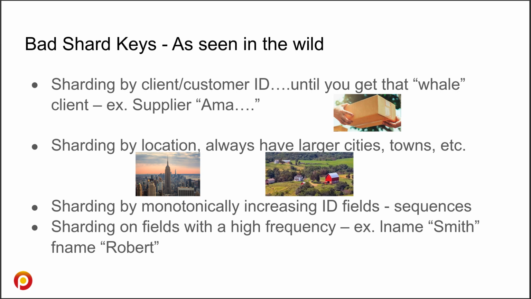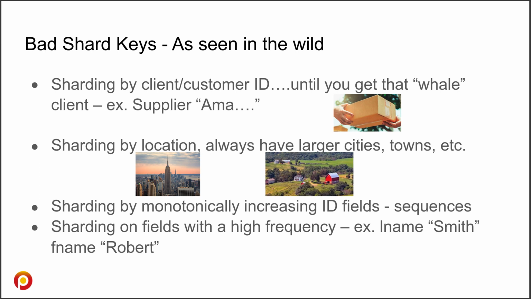Similarly, I've seen people try to shard by a location, but you're always going to have your major metropolitan areas, your New Yorks, your Londons, Mumbai, etc., versus your small municipalities. So that's another bad shard key I've seen. And then again, to reiterate, the monotonically increasing fields, sequences in relational database parlance.